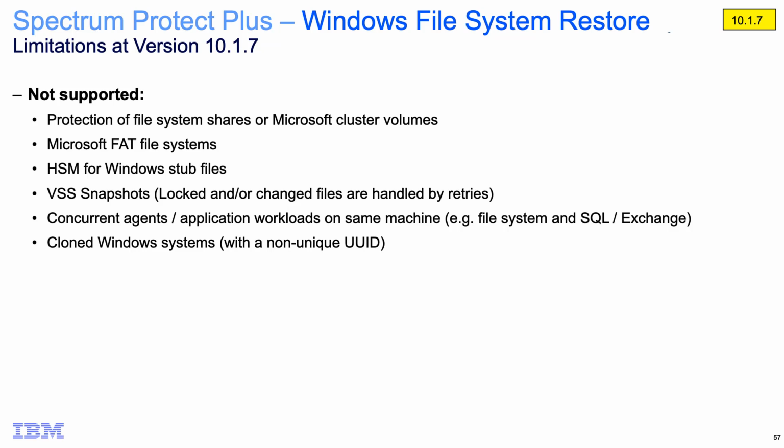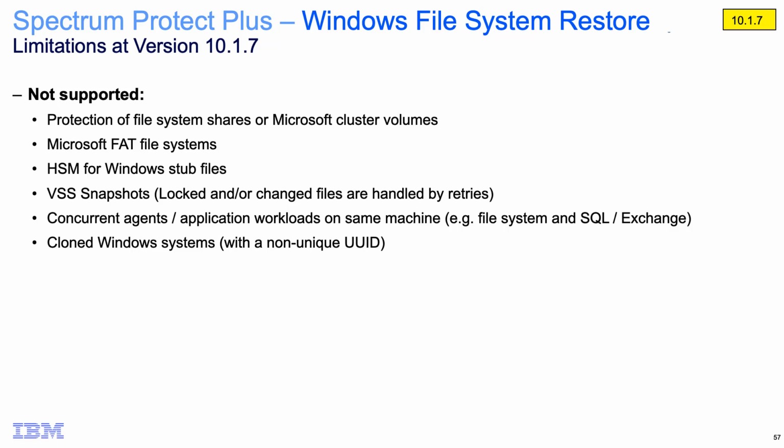We do not support a retry mechanism using VSS snapshots. So if a file changes while you're backing up, we're not going to support that via retry. We also do not support concurrent agents on our Windows physical system. So if you're using one of the agents or one of the Spectrum Protect Plus features that protects Windows applications, you cannot do a file system backup at the same time.